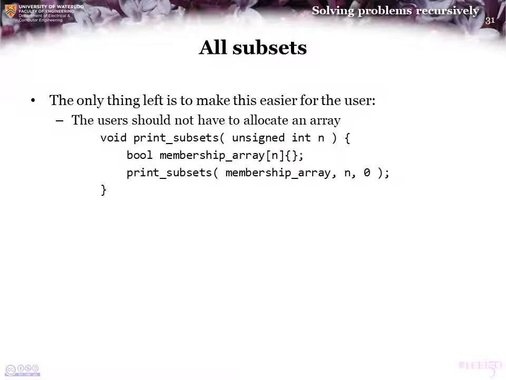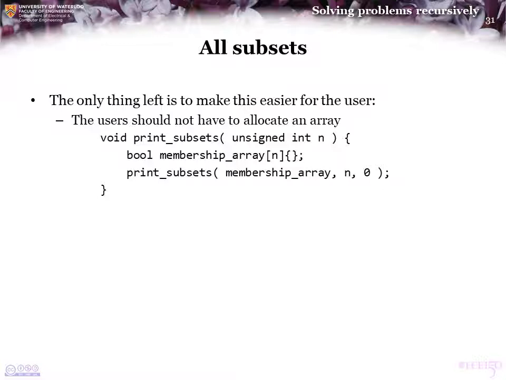Now here I am using an unsigned int because I'm trying to explain that this is a mathematical algorithm meant to print subsets. It's not meant to deal with the implementation of this function in C++, which of course uses an array.